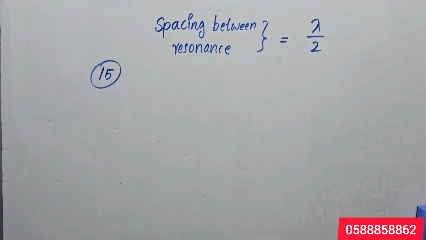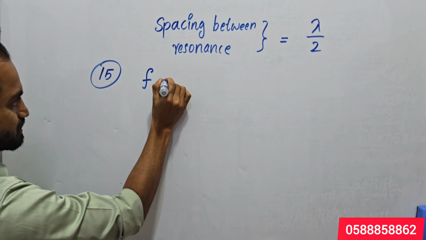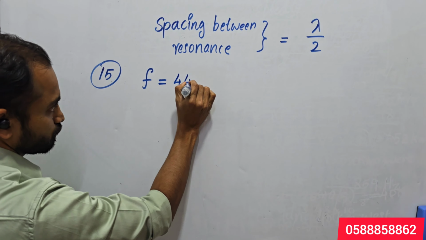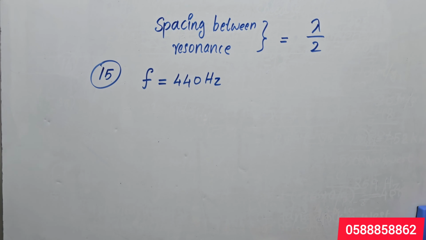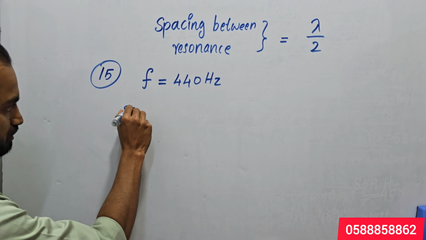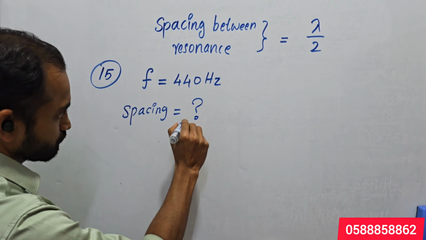A 440 hertz tuning fork. So here in this question, frequency is given, 440 hertz. Tuning fork is held above closed pipe. Find the spacing between the resonance. So in this question, we need to calculate the spacing between the resonance.